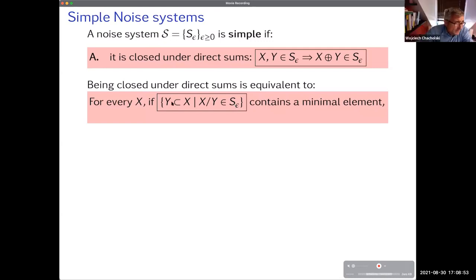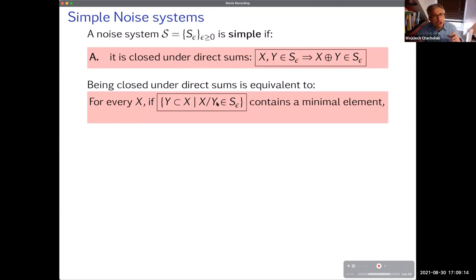Such modules form a poset, and you might ask, does this poset contain a minimal element? Can I find the most efficient way, or maybe there are several minimal elements, of making the quotient the smallest.